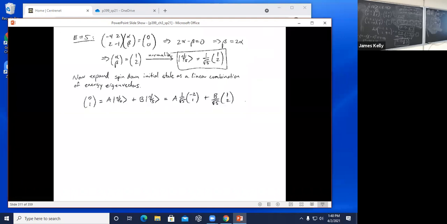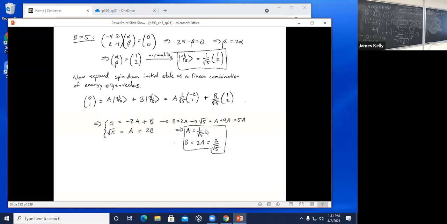And then the last step to get the time dependence in there is I've got to write our initial spin down state as a linear combination of those two we just found. So I just put constants a and b out in front. When you write down that system of equations, not too exciting, but you solve for what a and b are. a is 1 over root 5, b is 2 over root 5.